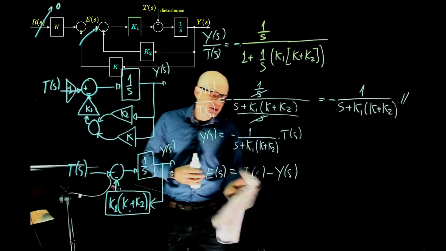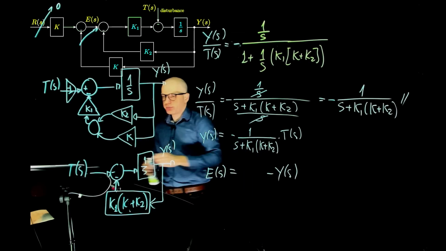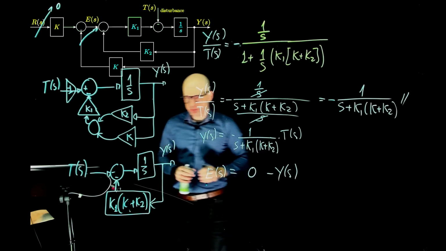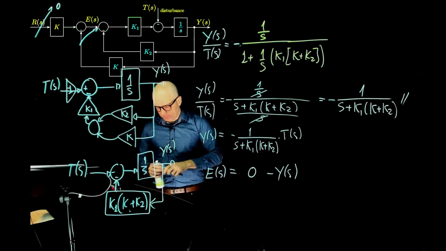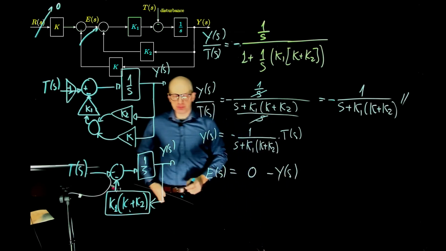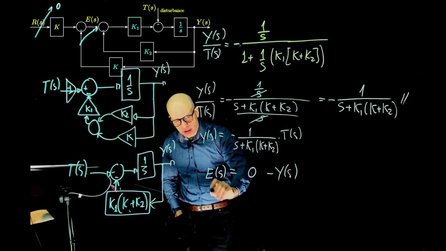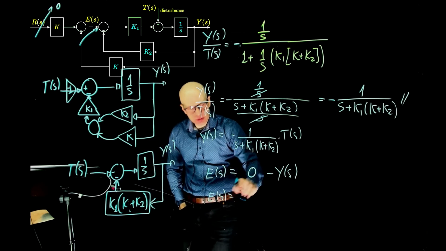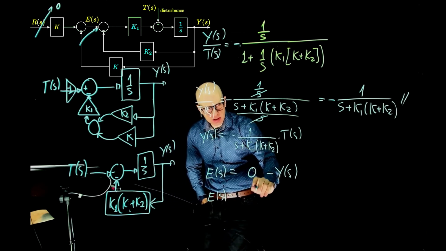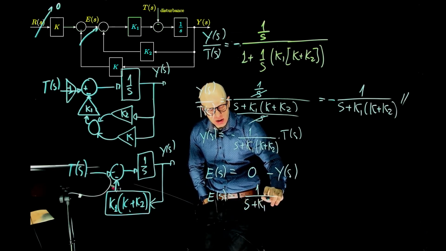So this is in fact R of S minus Y of S. That doesn't change. This is 0. Does it make sense? So the error now becomes 0 minus that. So now plus 1 over S plus K plus K2.